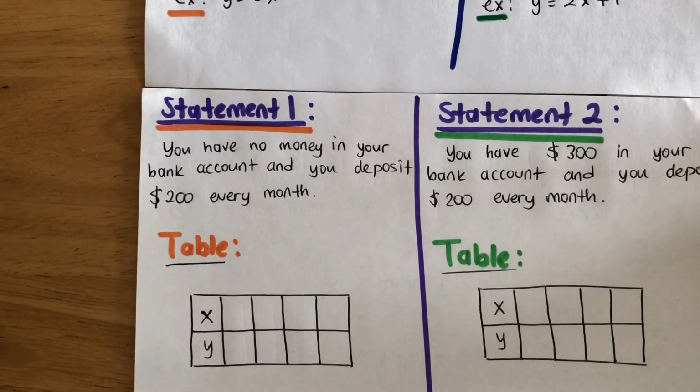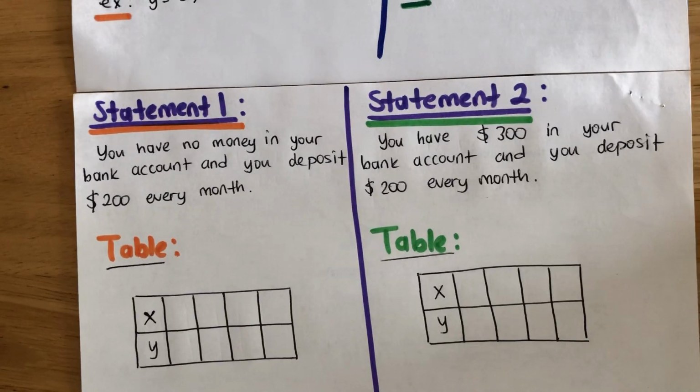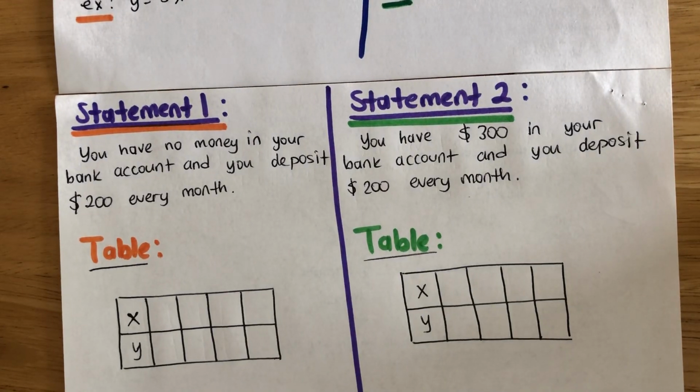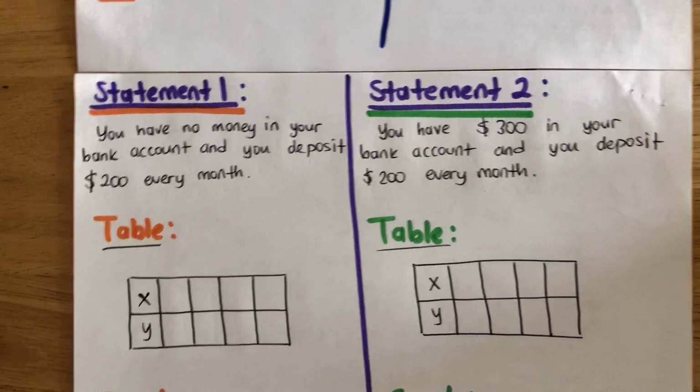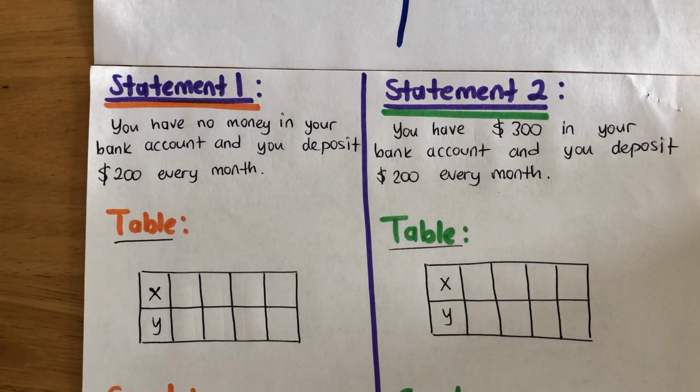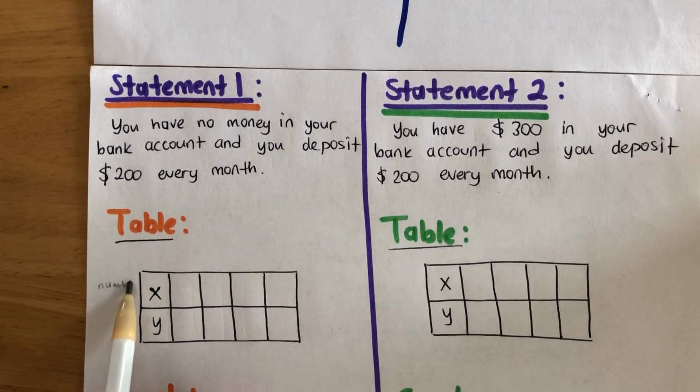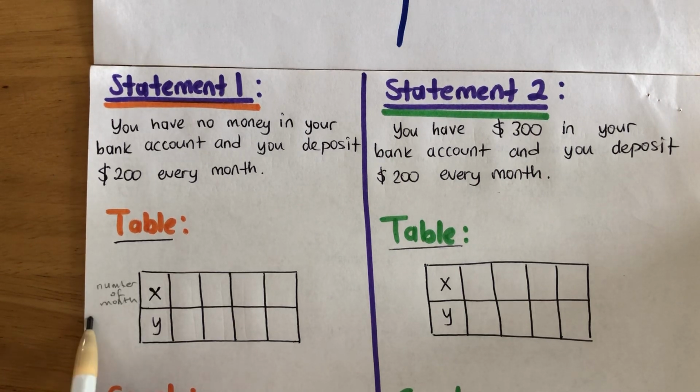Now let's talk about two statements, and how to solve this kind of problem. In the first statement, you have no money in your bank account and you deposit $200 every month to your account. So let's create a table for this situation. Okay, so x is the number of months. y is the amount of money in your bank account.